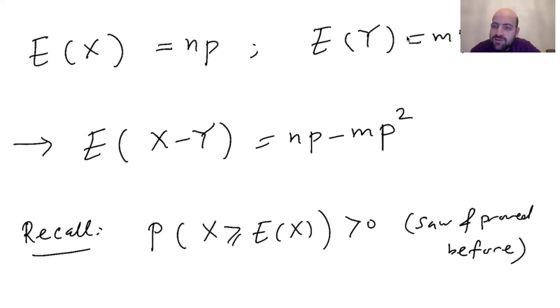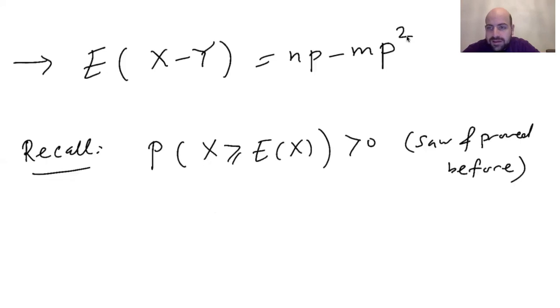The probability that a random variable is bigger than or equal to the expected value of X is always positive. Similarly, the probability of X less than or equal to E of X is also always positive. Now I want to apply this inequality to the random variable X minus Y, okay? Because as I said, X minus Y is also a random variable.